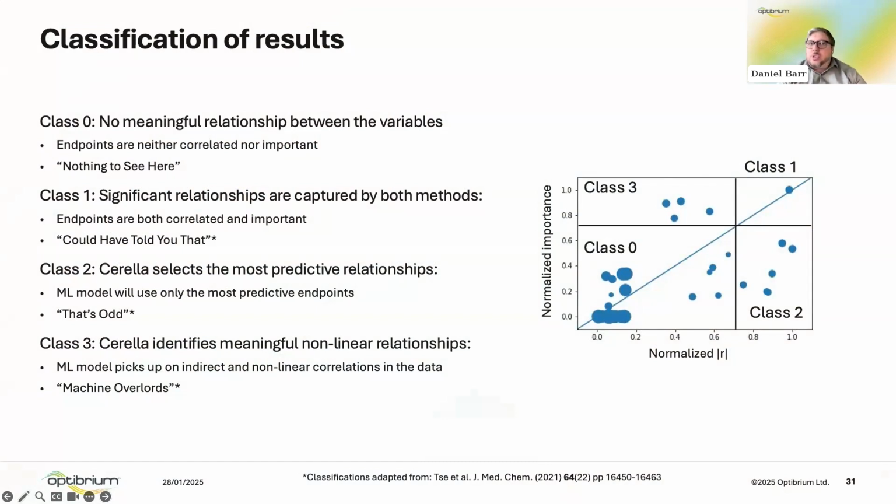As we look at the results from our analysis, we find that the results break down into what we might consider 4 classes. Some of these classes were described by C and co-workers. This is a paper for Medicines for Malaria Ventures. They did a big study. Optibrium was privileged to be part of that study and contributed the most active prediction of all the predictions that were submitted in the project, the competition.